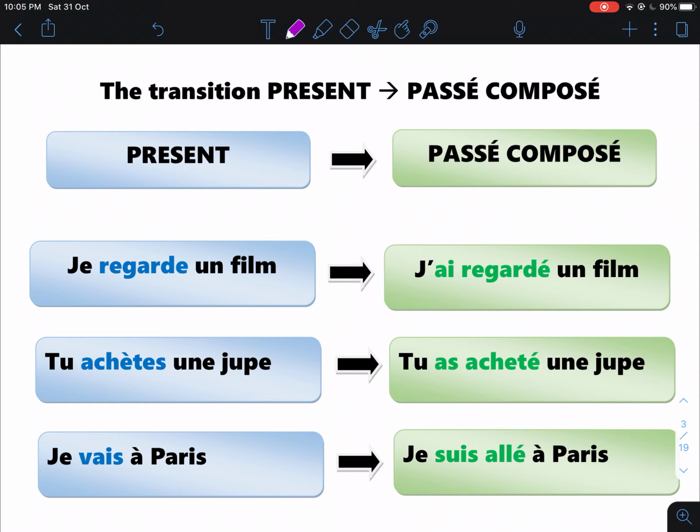If you look closely, the first 2 sentences are using auxiliary avoir, but the third sentence uses the auxiliary être. Okay, so here you have avoir, and here you have être. Alright. Later, we will look at why most verbs are using auxiliary avoir and why some of the verbs are using auxiliary être.